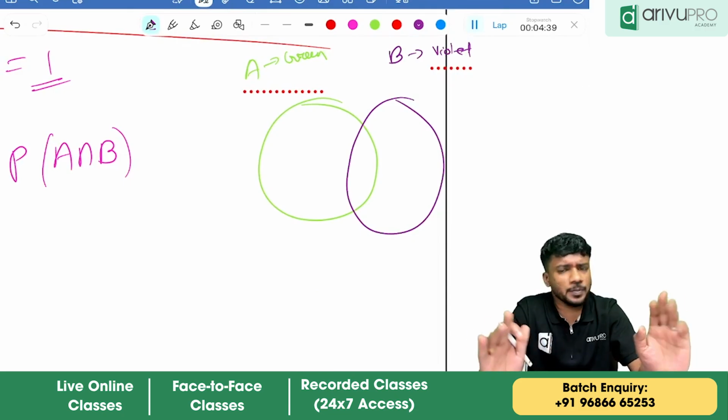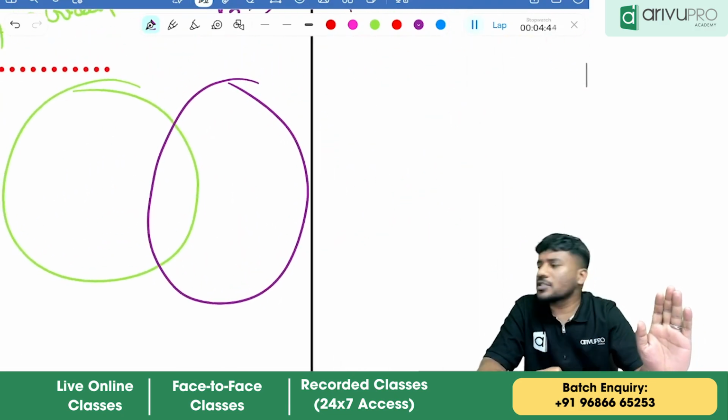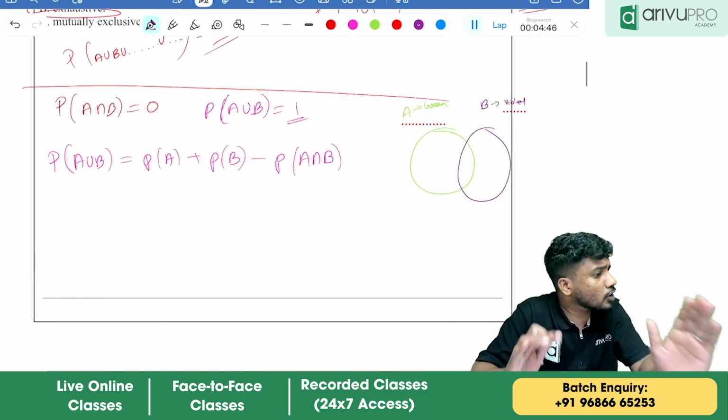P of A plus P of B. That is the basic thing. If I add this green circle plus this violet circle, I'll get the total probability.